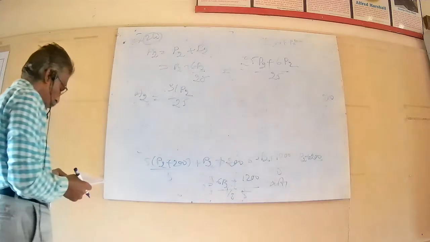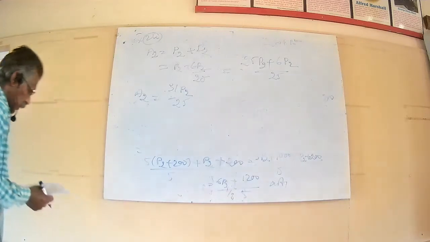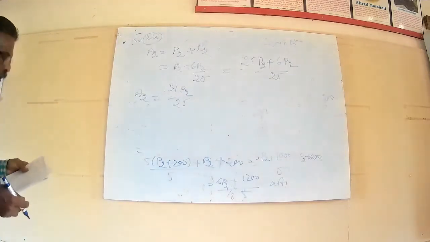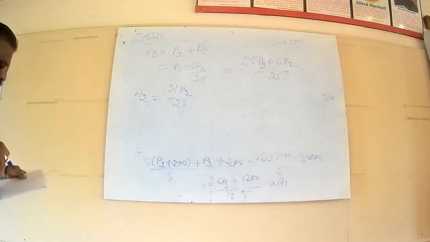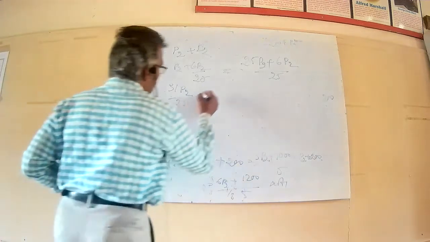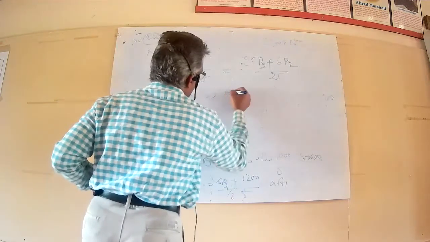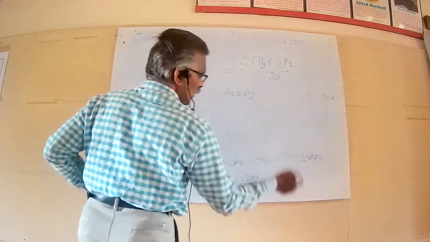Now A1 and A2 are given. Further it is given that the amounts recovered from both sums are the same. So A1 equal to A2. A1 is this and A2 is this.